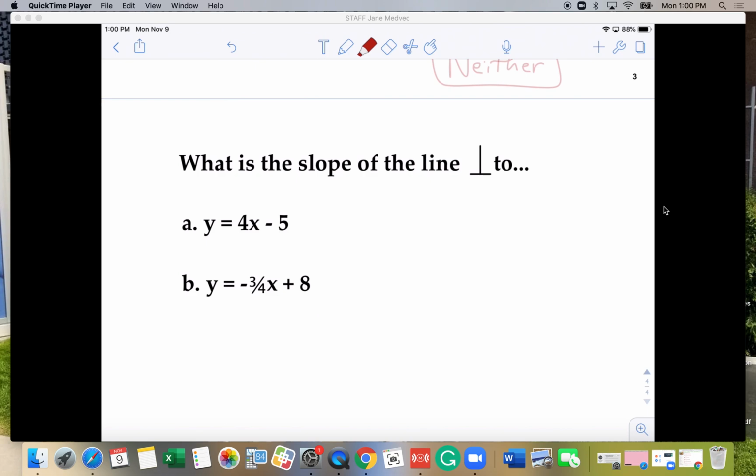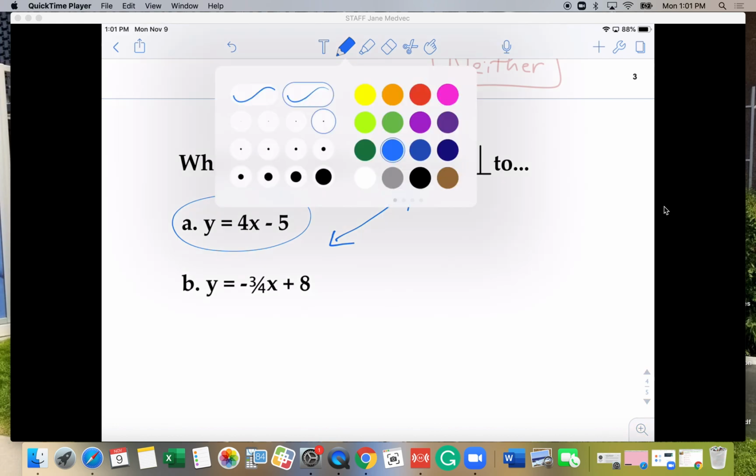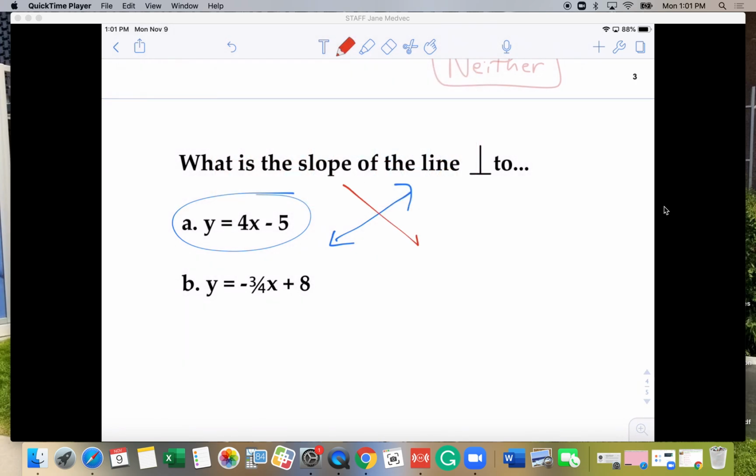It's asking me, what is the slope of a line perpendicular to? So what they're asking for is, if I have this line that's like this, let's say I graph that, and that's what that line is. They want to know what is the slope that's perpendicular to this line. So if I were to do another line and this was perpendicular, what would be the slope of that red line? That's what they're asking.